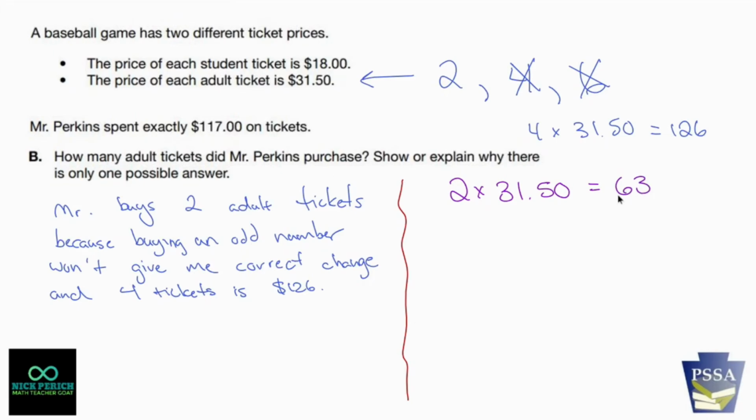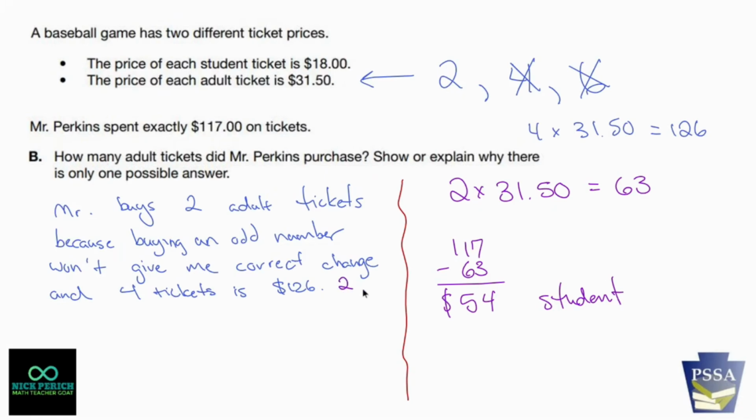So if he spent $63 on adult tickets, you're doing 117 minus 63 to see how much money is spent on student tickets. Okay? So 117 minus 63 is 54. So $54 is being spent on student tickets. So I'll say that.